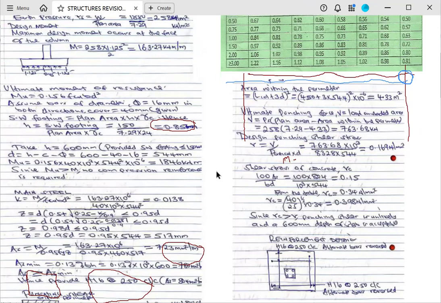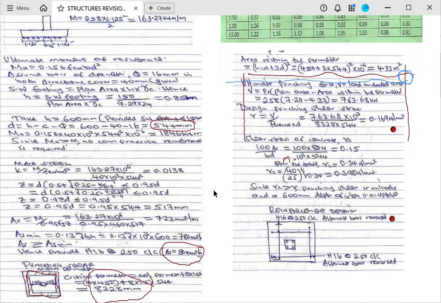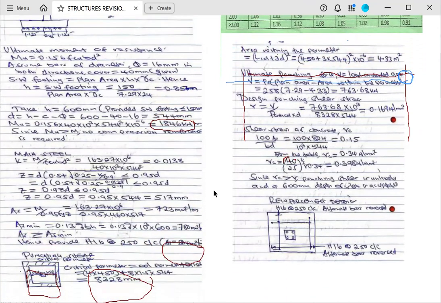Now, when we come to reinforcement detailing, this is how it will look like. This first line here refers to these bars which are running upward.